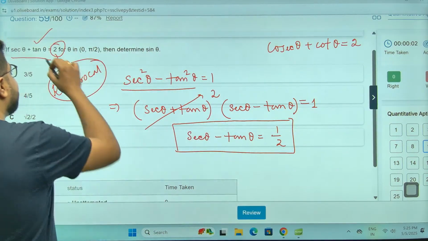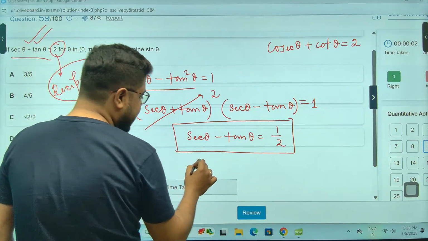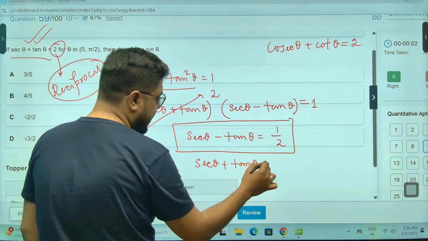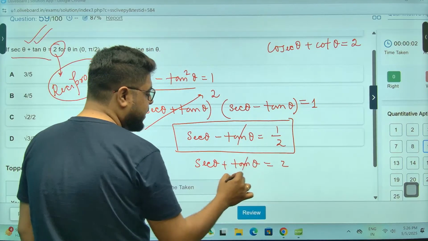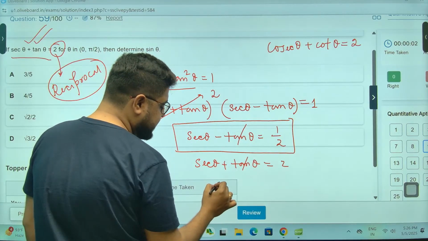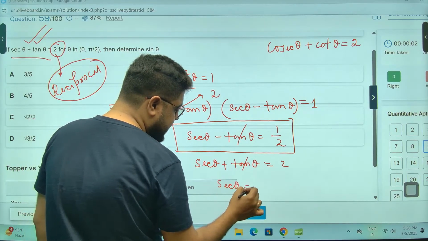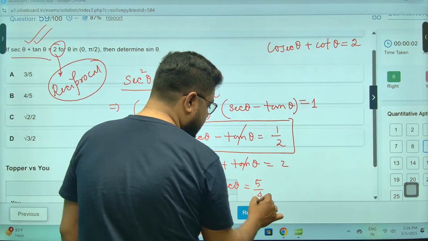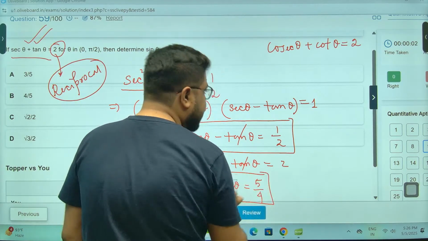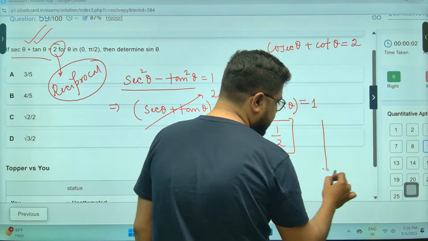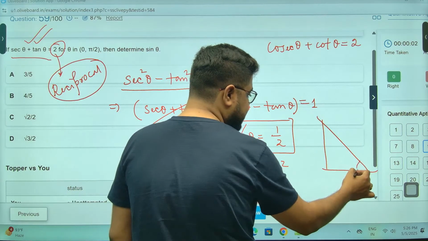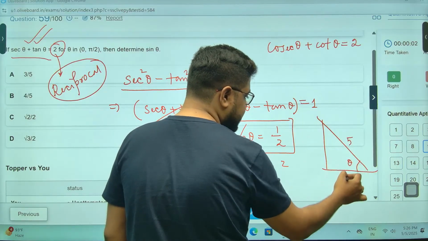Sir, this is one equation. Another equation, we already know: sec theta plus tan theta is equal to 2. Get rid of this. 2 sec theta is equal to this. So sec theta, if you add them, is 5 by 2 by 2, which is 5 by 4. Sec means hypotenuse by base. So if this is theta, this is 5, this is 4.